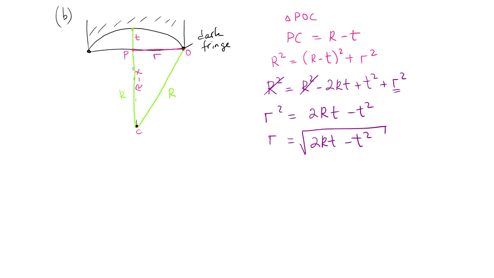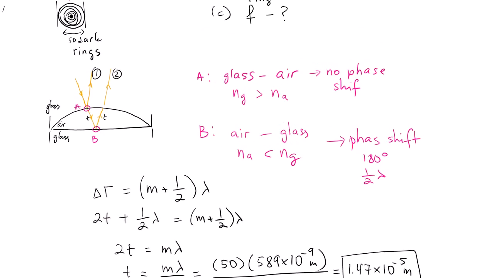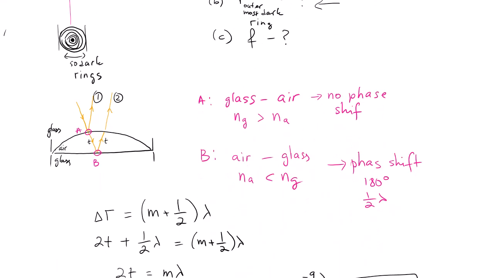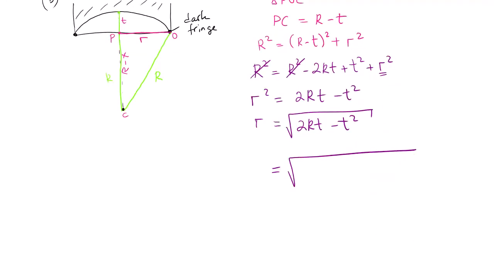All we need to do is plug in the numbers. Square root of, for the R, it was given to us, it's 8 meters. So I'm going to plug that in here.